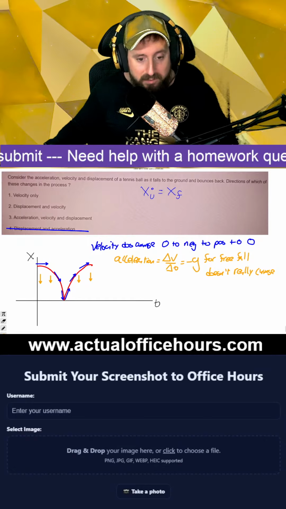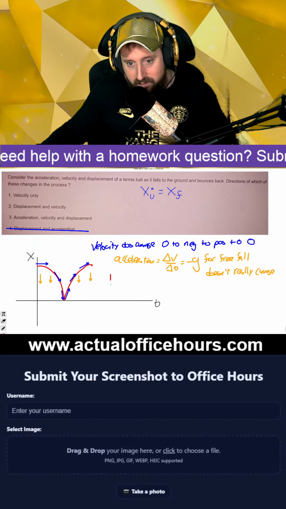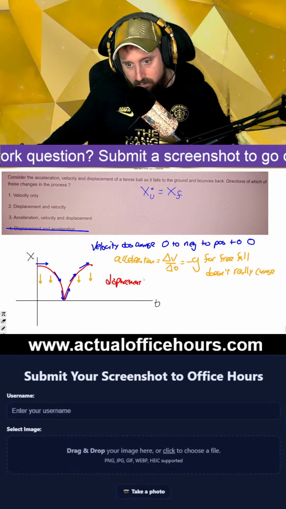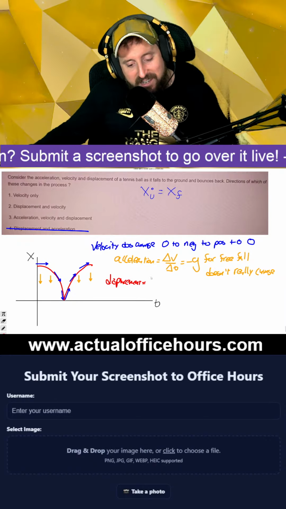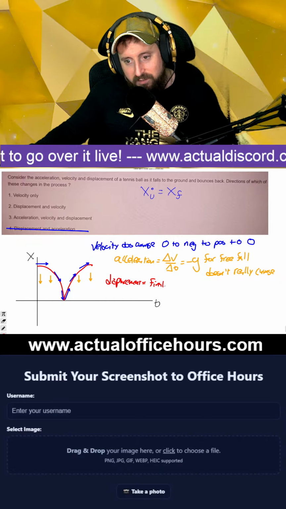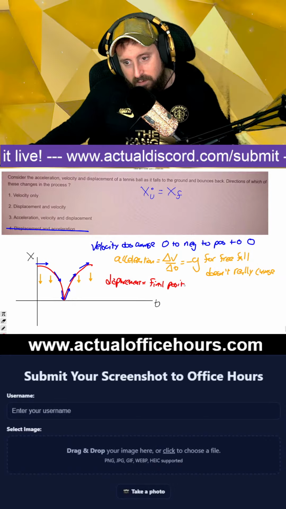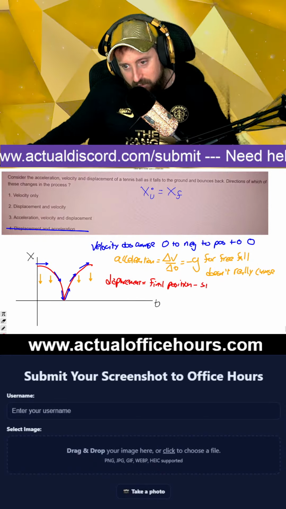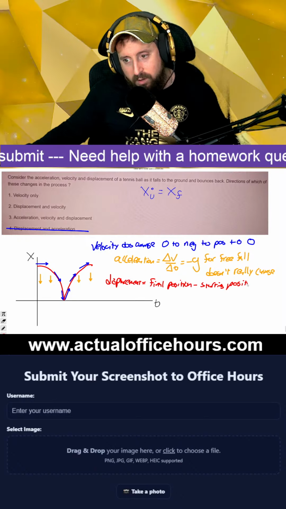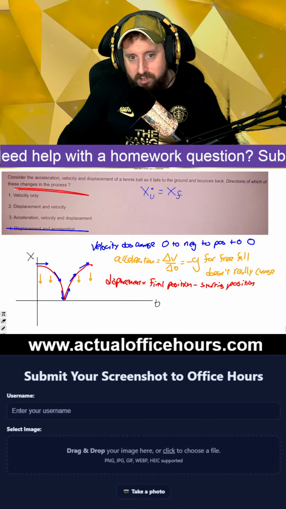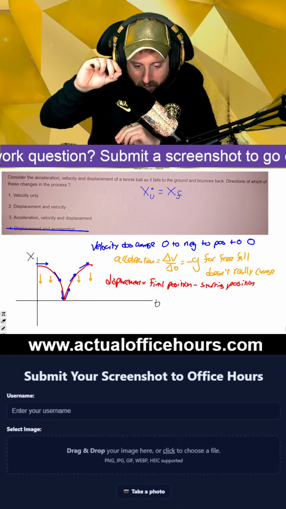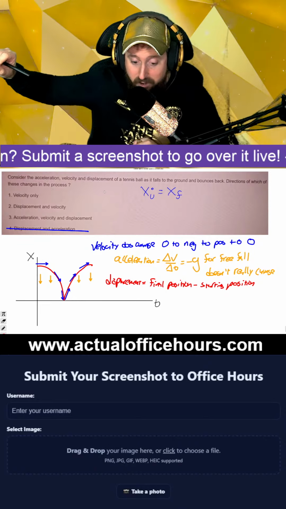Okay, so then displacement. That's technically equal to your final position subtracted from your starting position. So the question is, when they say in the process, are we talking about the top before I bounced and the top after I've bounced?